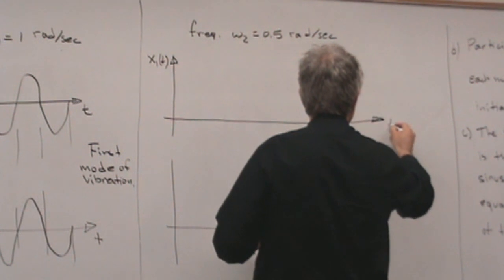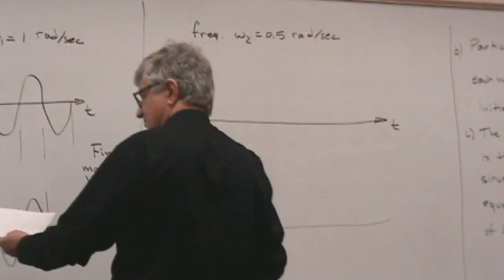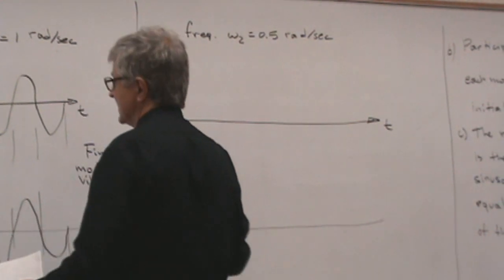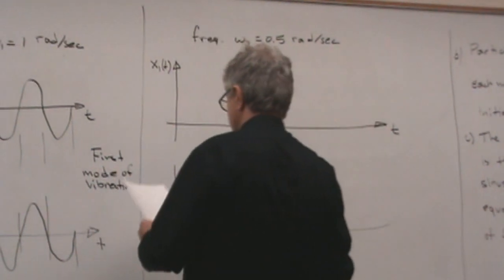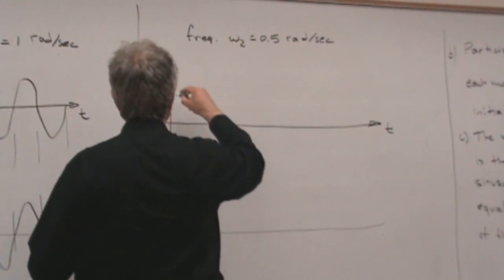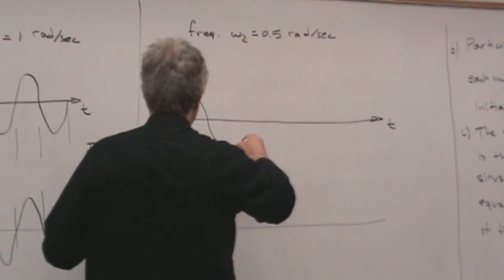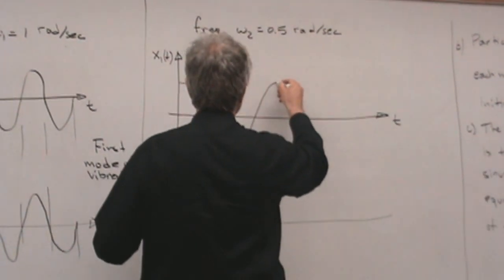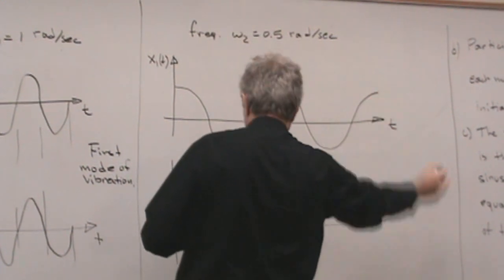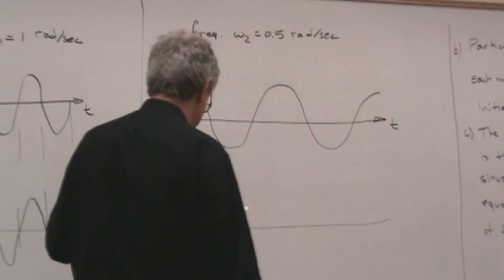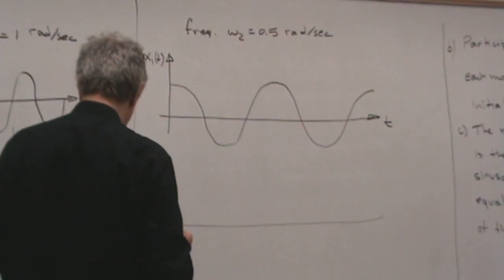This is the time axis. Now, since the frequency is 1/2, it takes twice as long to complete one vibration cycle. So you have something that oscillates at a slower rate, something like this. This is omega 2 equal to 1/2 radian per second.